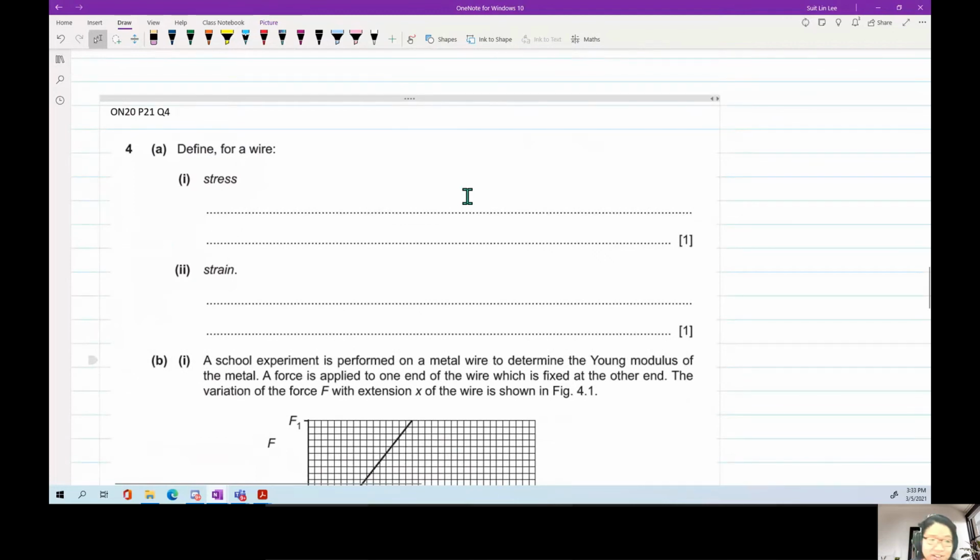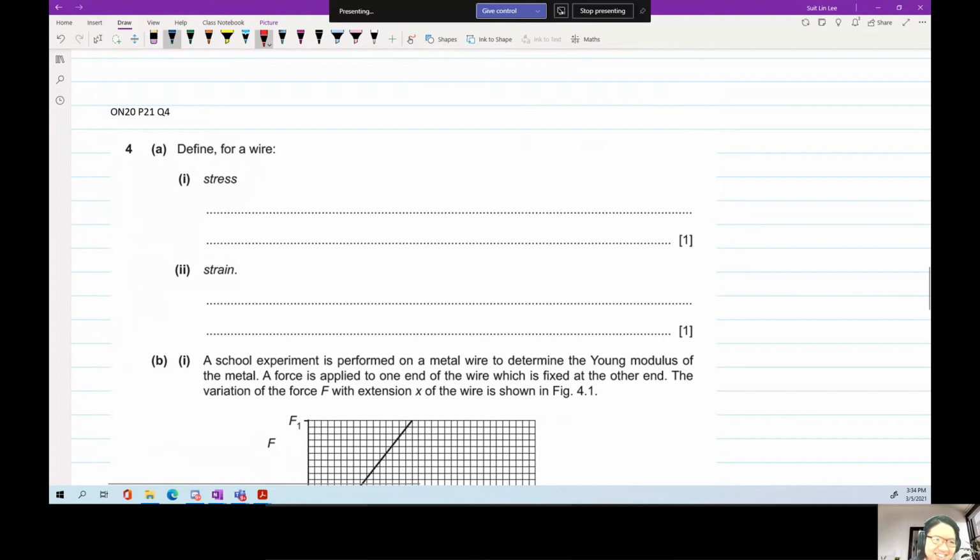Okay, define for a wire, stress and strain. Define for a student, stress and strain. I kid. Okay, stress is force per unit area. Or I guess you could say the ratio of force to area. Next, define strain.